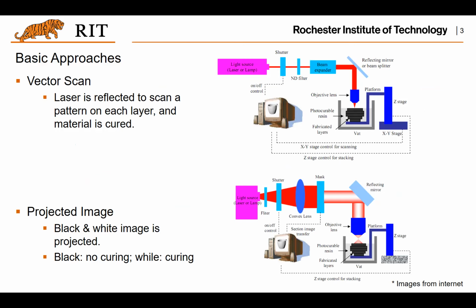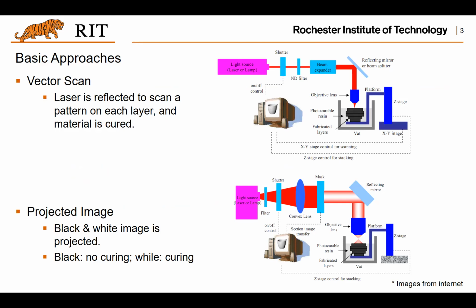And there are different ways to project the light source. There's vector scan or projected images. For the vector scan, basically the laser is reflected to scan a pattern on each layer, and through the laser scanning, the material is cured.